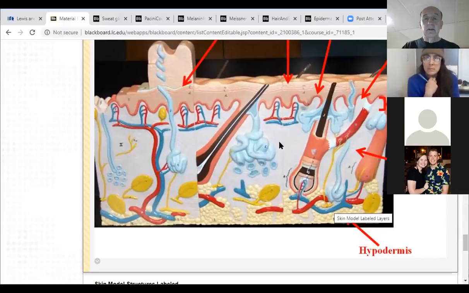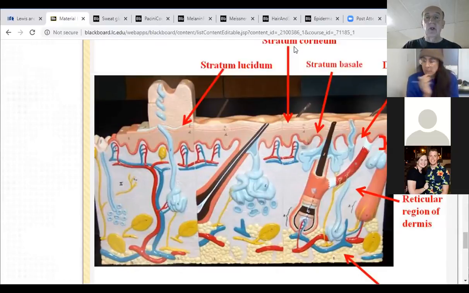So when this skin model will come your way on a practical, it's important to be able to name these strata, the corneum, lucidum, basale. It's important to locate the dermal papilla and to identify the reticular region.